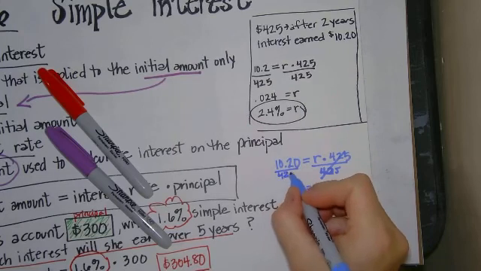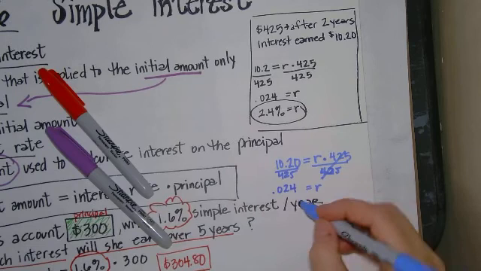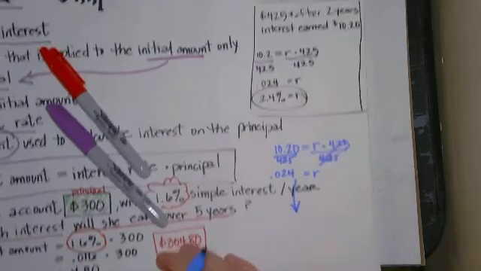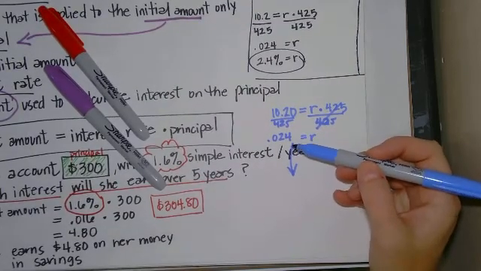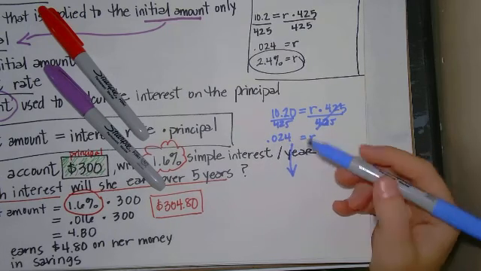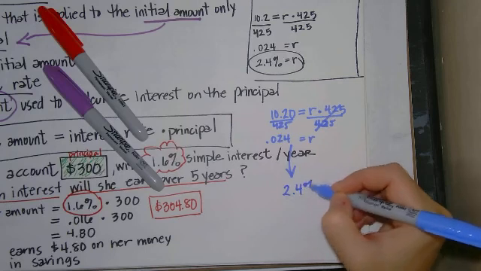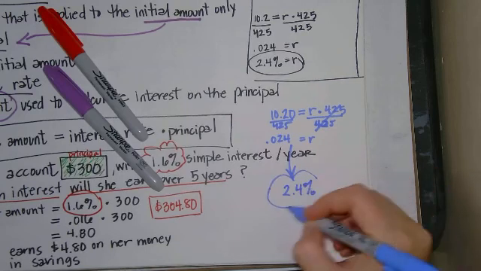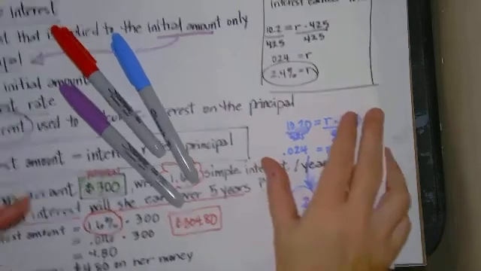And then $10.20 divided by 425, we get 0.024. Here, guys, remember, that is not the percent. To get the percent from that decimal, we have to move the decimal 2 places to the right, so that becomes 2.4%. That's actually a pretty decent percent for a savings account.